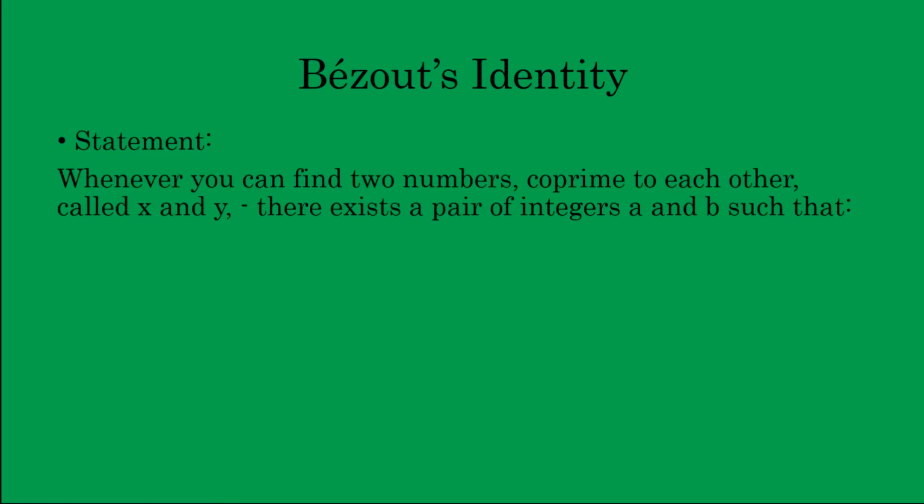But anyways, there's something called Bezout's identity, and the statement is that whenever you can find any two numbers coprime to each other, call them x and y, then there exists a pair of integers a and b such that ax plus by equals 1.